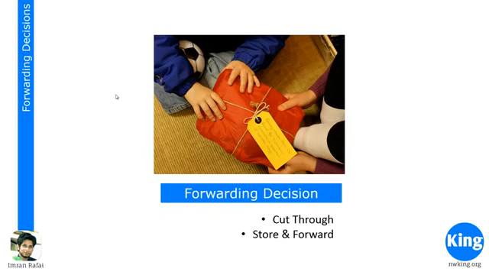Now let's look at store and forward. What store and forward does is, the switch waits until it receives the entire frame. It gets the entire frame, runs error detection, and checks if there are any errors that were induced during transmission. If there are none, it will start forwarding out the destination port. Now, some people might say cut-through is good, and some might say no, we need error detection, so store and forward is good.